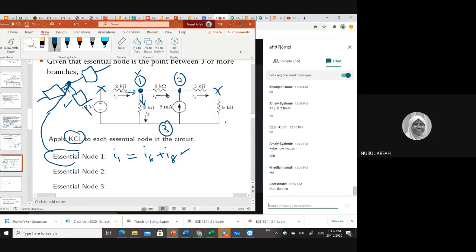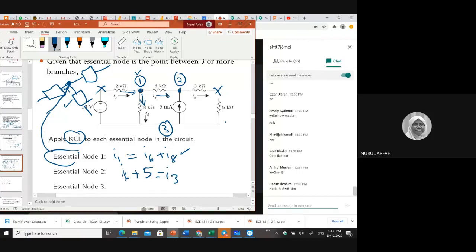What about at node 2? Okay. Node 2. Yes, I6 plus 5 milli equal to I3. Yes, this is correct. What if you put I6 plus 5 equal to I3? Is this correct? No, right?